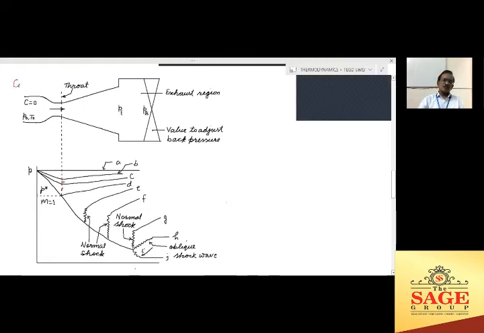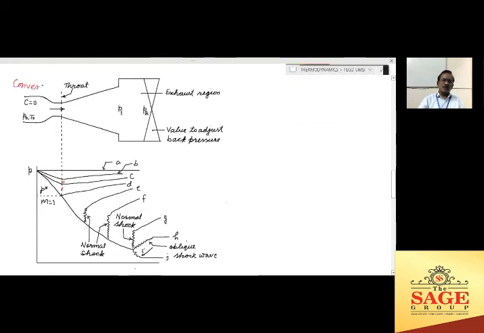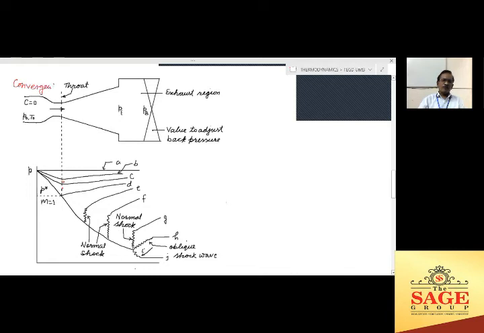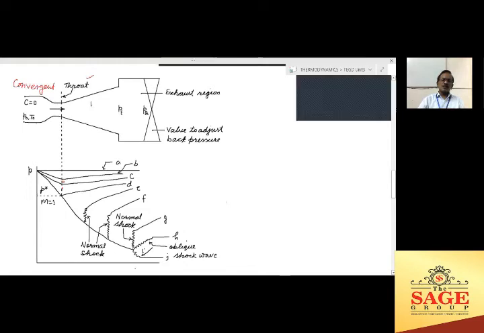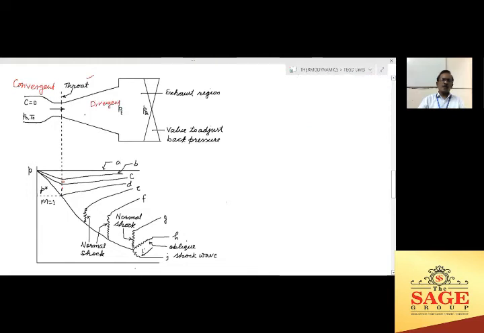This portion is the convergent portion, where the cross-sectional area decreases. This is the throat portion, where the area remains constant. And this is the divergent portion of the nozzle, where the cross-sectional area increases.